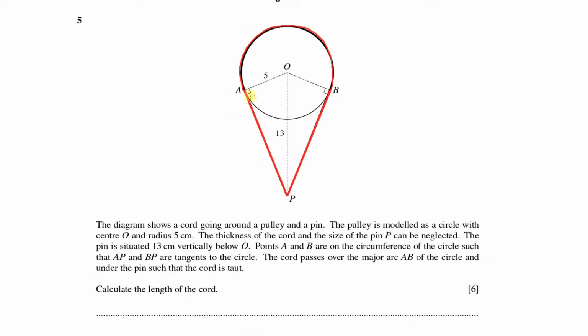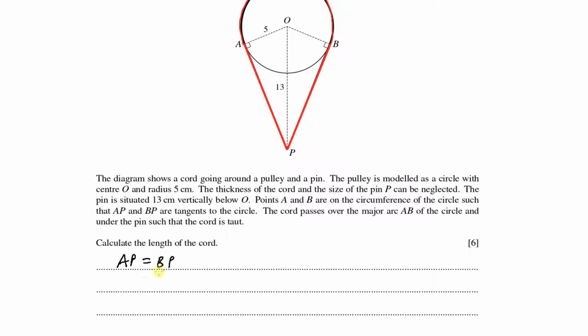Now for the part AP, of which we know that AP is equal to BP, we can use Pythagoras. So by Pythagoras, we can say AP squared is equal to 13 squared, which is the hypotenuse, minus 5 squared.